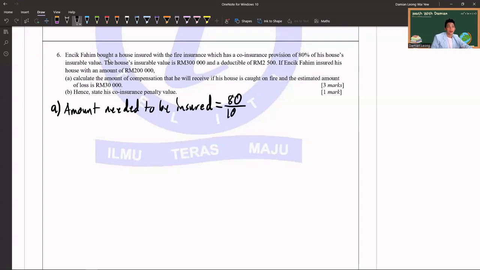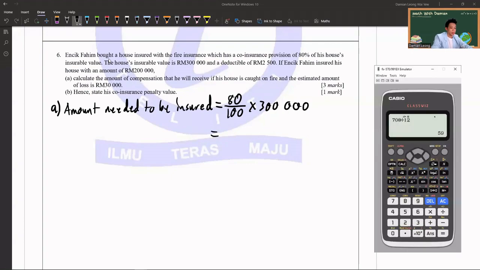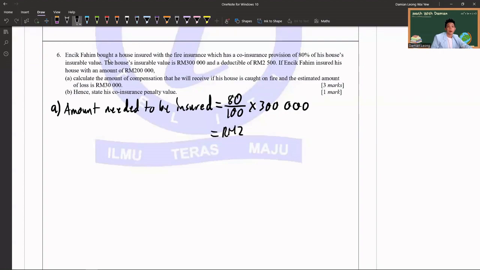So 80% of the insurable value. So we count 80% of 300,000. So the amount needed to be insured should be 240,000 ringgit. But he only insured 200,000 ringgit.